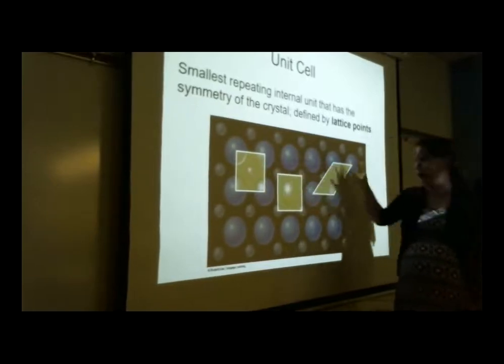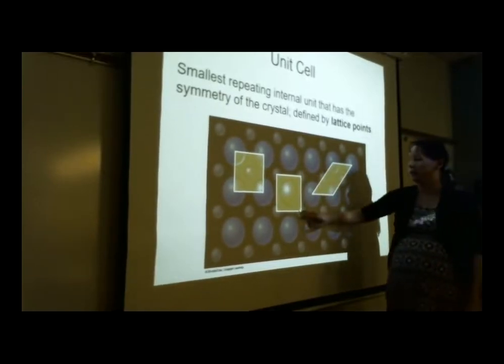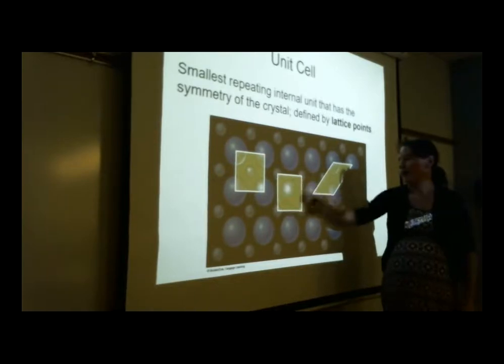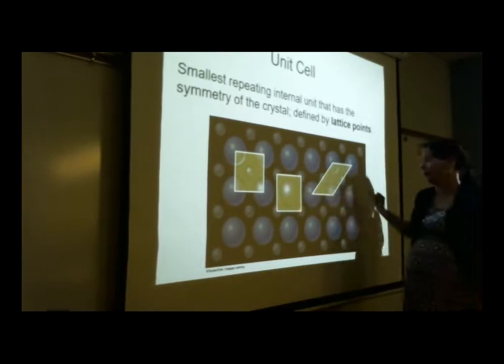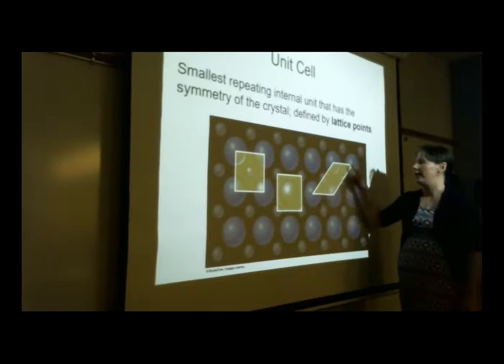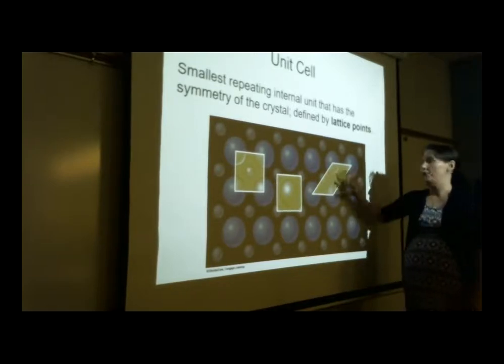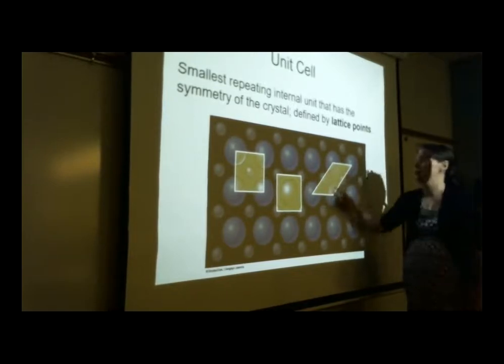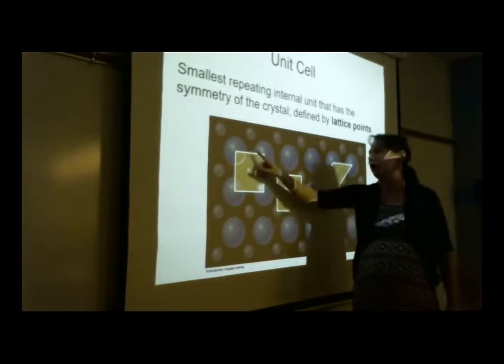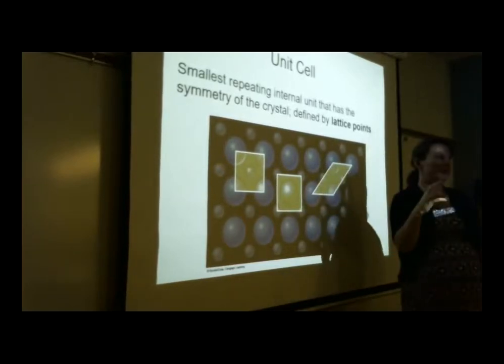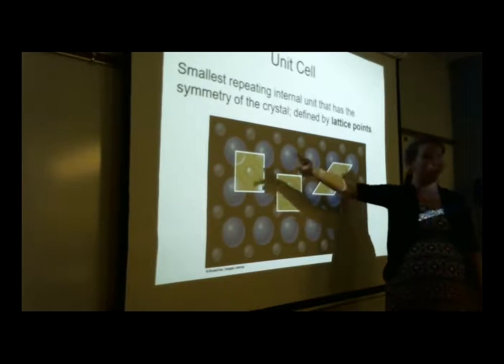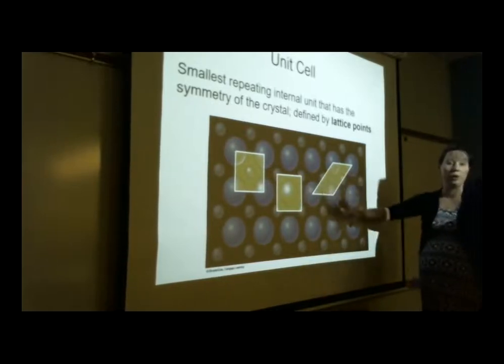That would be repeated over and over. If I had a unit cell that looked like this, here would be my lattice points. That would be repeated over and over. Or maybe I had a unit cell that had this shape, and it would be repeated over and over. Okay, so these endpoints that we are defining are called the lattice points. And when you repeat that unit cell a zillion times over, that's what gives you your full-on crystal.